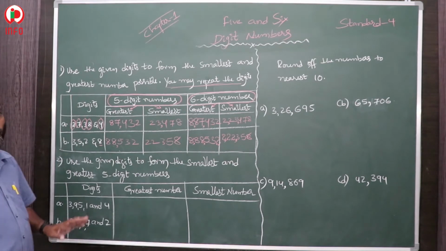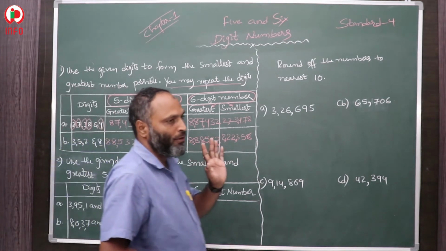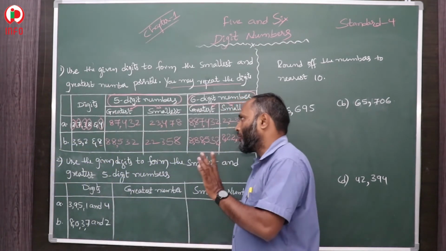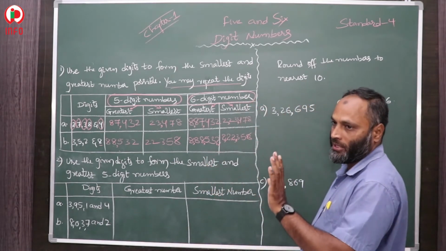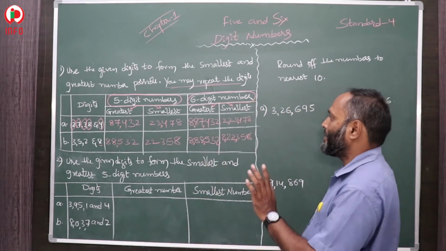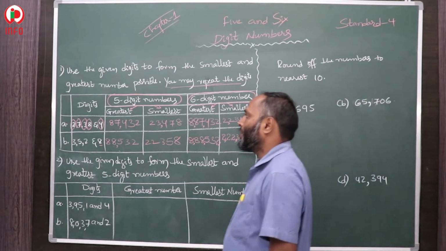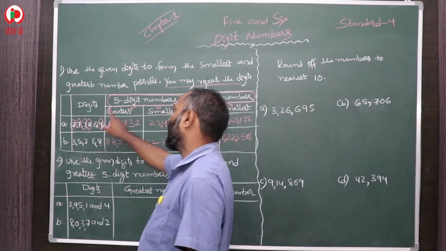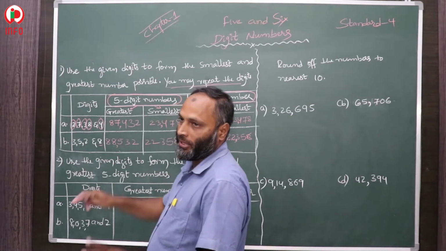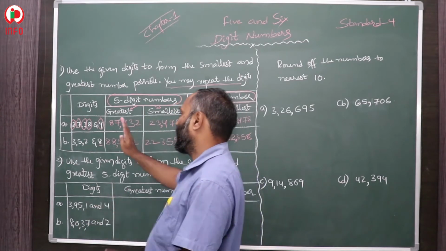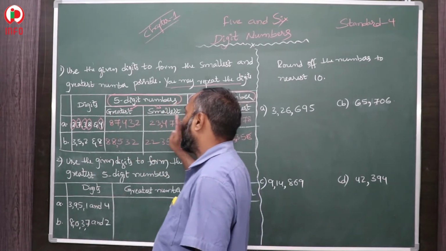In this way, remember, one more time I am explaining how to make the greatest and smallest 5 digit number and 6 digit number. If the number of digits given is 5 and we are going to prepare 5 digits, then there is no problem. We have to arrange in ascending order or descending order.